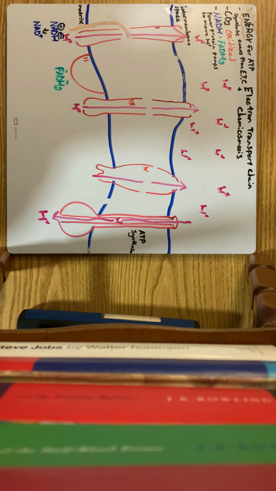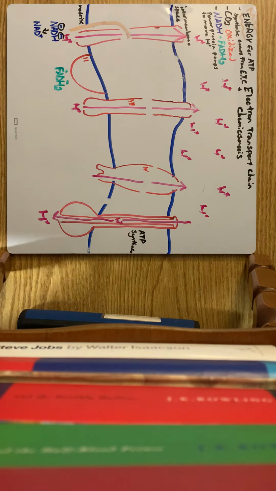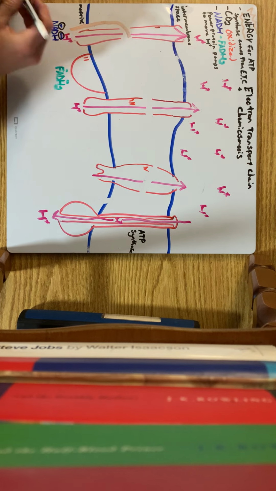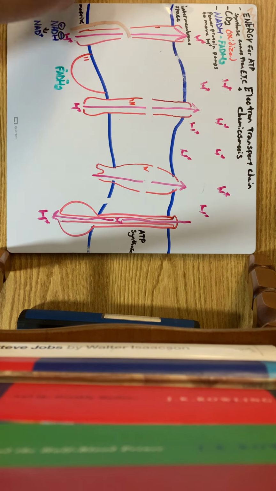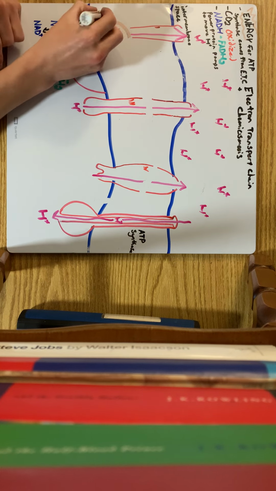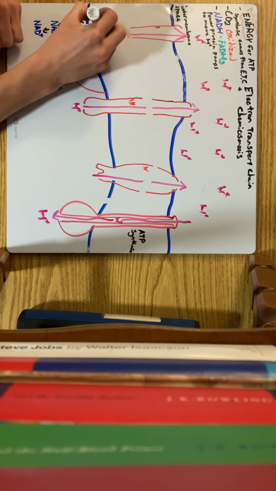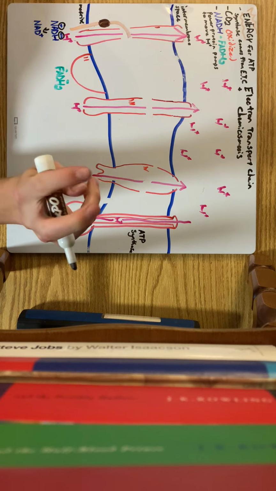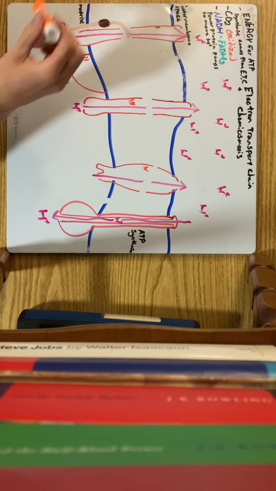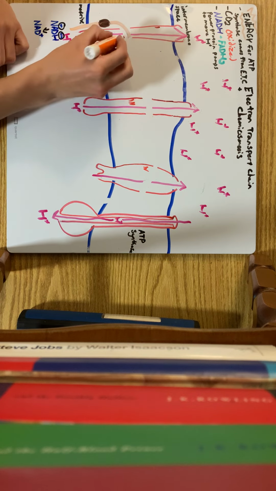I'm just going to check to make sure we're not blurry. All right, good. And they start to follow the electron transport chain, and I'll use brown. And they're carried by these brown electron carriers and follow this orange chain.